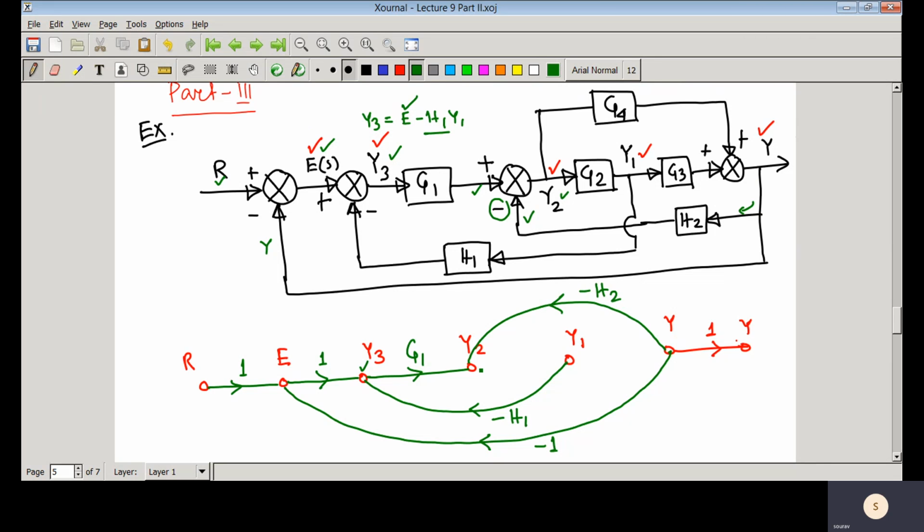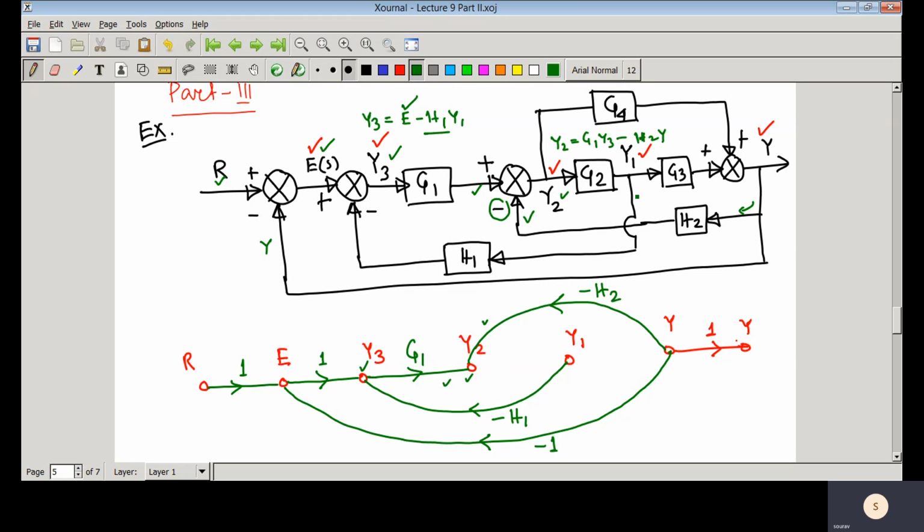So at Y2, Y2 equals G1 Y3 minus H2 Y. This can be represented in the signal flow graph: Y2 equals G1 Y3 minus H2 Y.